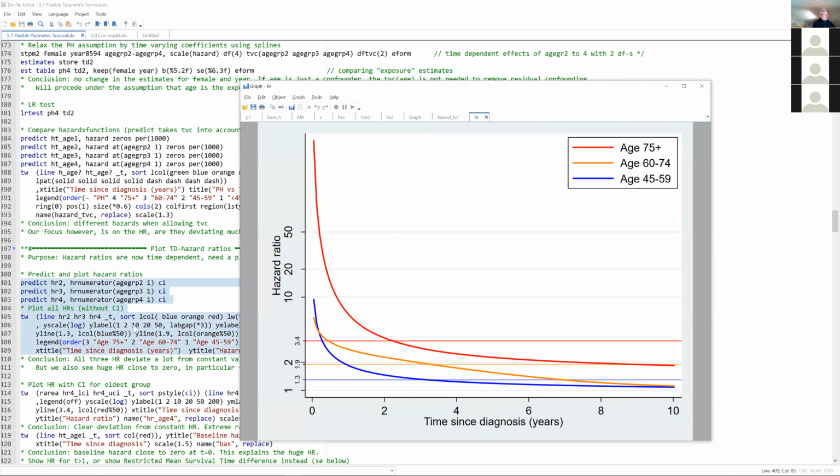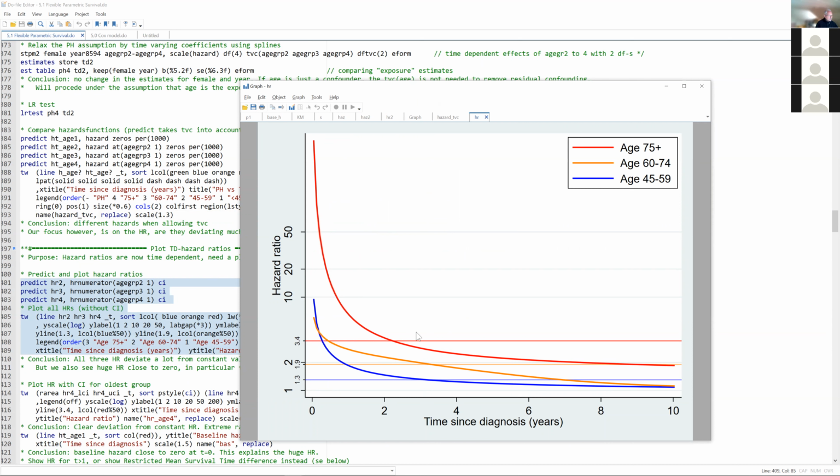So here I have the 3 curves for the 3 age groups, hazard ratio of old people versus the youngest, hazard ratio of next old group versus the youngest, and so on. And they are compared to their corresponding model where I have fixed or where I have proportional hazards.